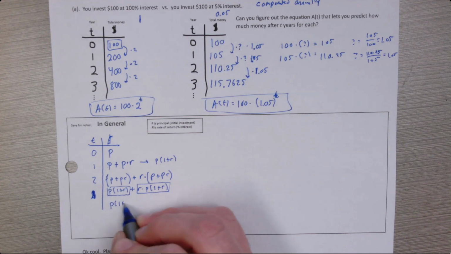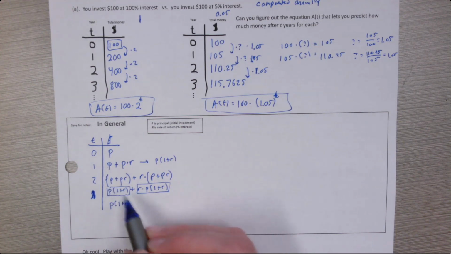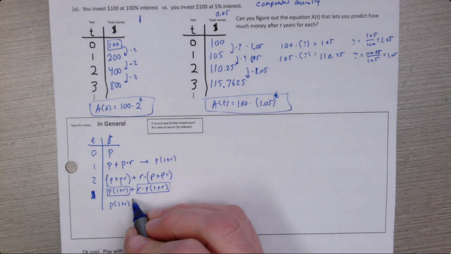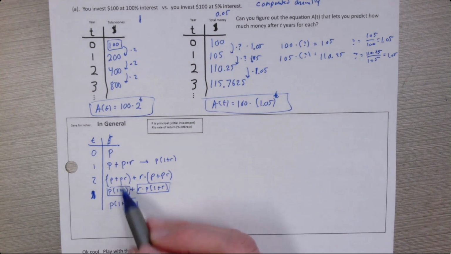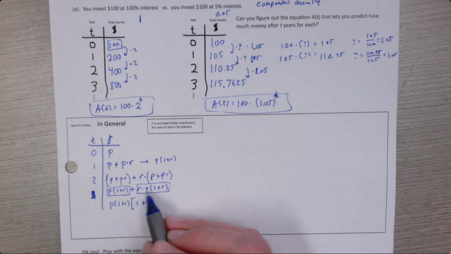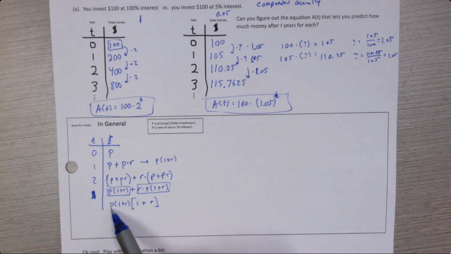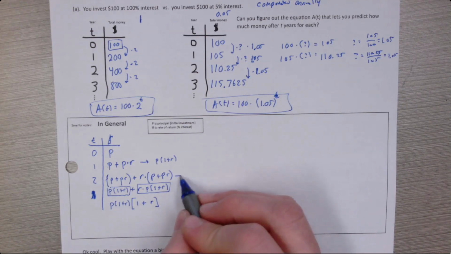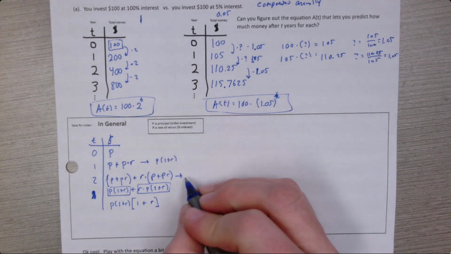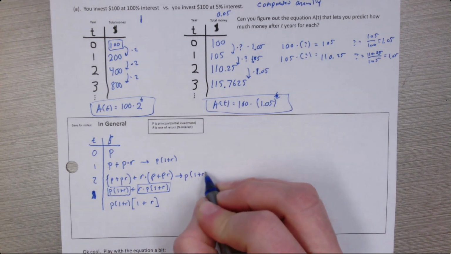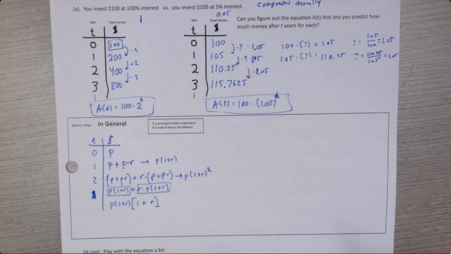So in this term, when I factor it out, I'm just left with 1, because that's all there was. On this right term, when I factor out the p times 1 plus r, I have r left over. So now I've got p times 1 plus r times 1 plus r. So put that all together, and we've got p times 1 plus r squared.